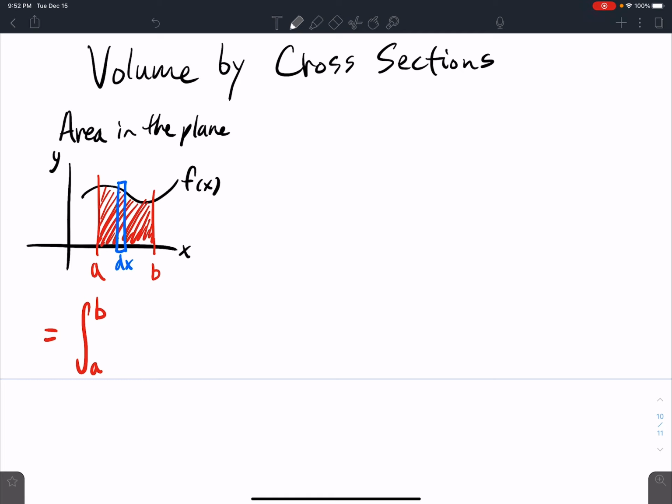And the height of the rectangle is top f of x minus bottom y equal to 0. So top minus bottom, that's f of x minus 0, which is just f of x. And then the width of that arbitrary rectangle is just your delta x.